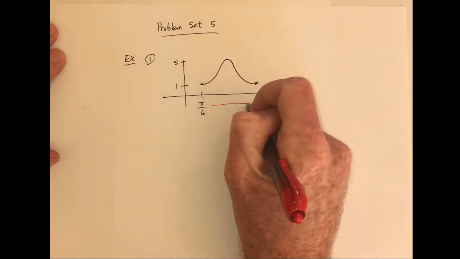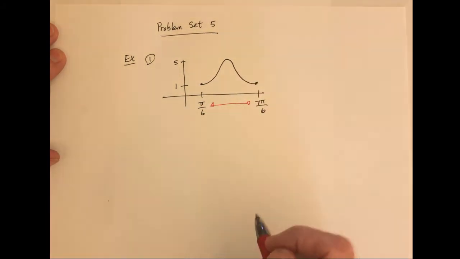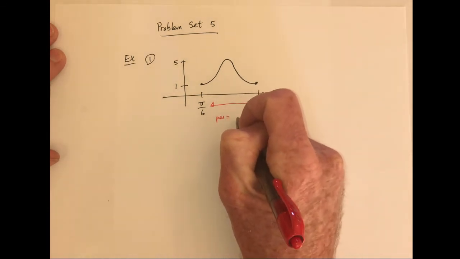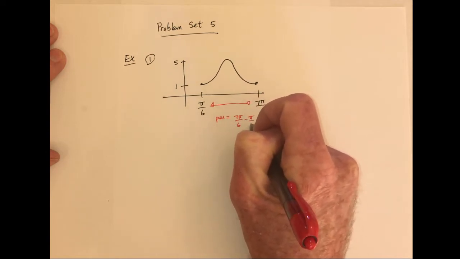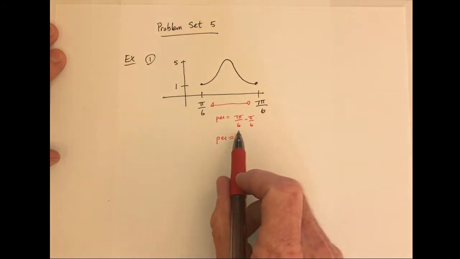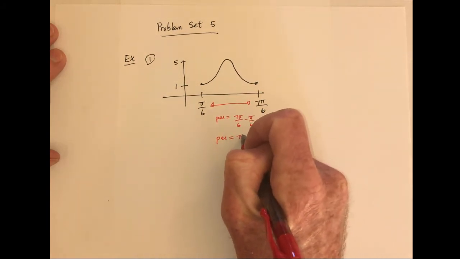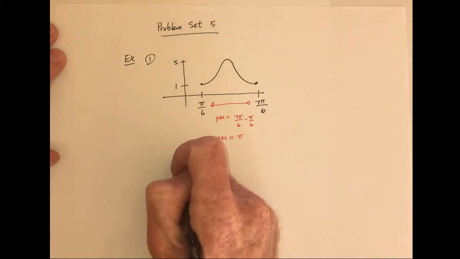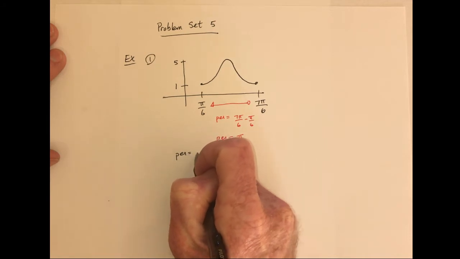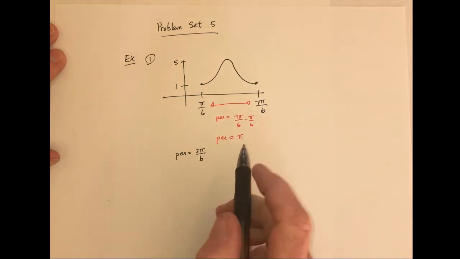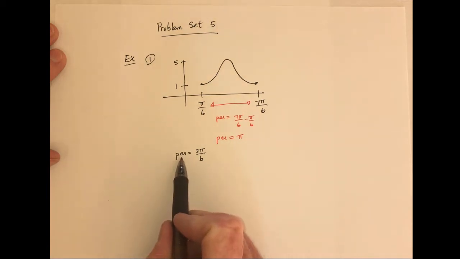So to begin with, the period is this length of this interval right here. So in this case, the period is going to be 7 pi over 6 minus pi over 6. So the period is equal to 6 pi over 6, or just pi. So I then have the formula that period is equal to 2 pi divided by b, and then take this pi and plug it in for the period over here.